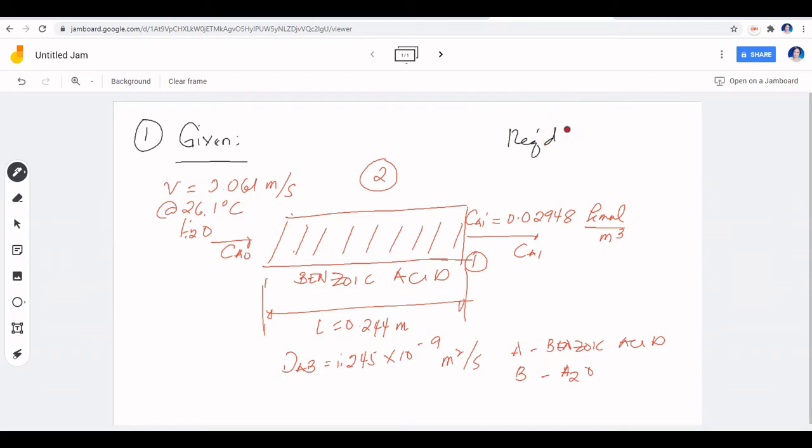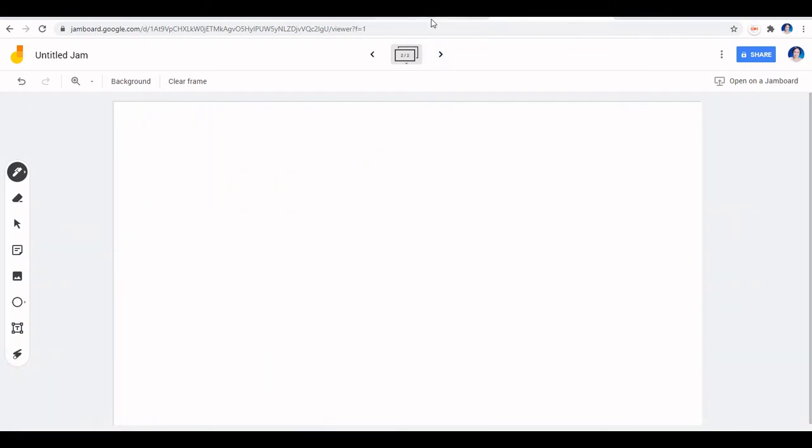I highlight it here. The problem requires you to determine the K sub L and the molar flux N sub A. So as usual, we're going to start with the formula that would lead us to determining the unknown K sub L and our N sub A. We go to the next sheet and we'll start with our solution.